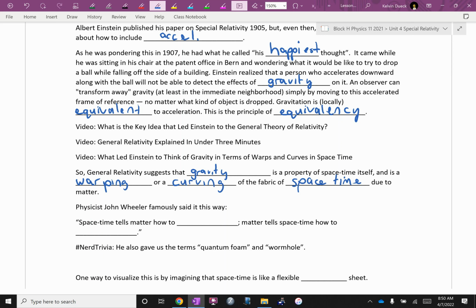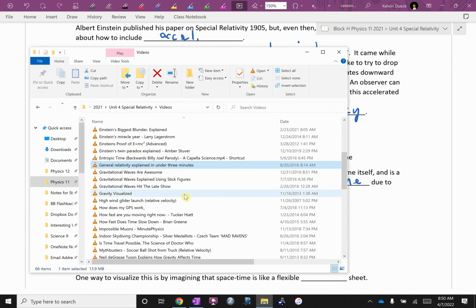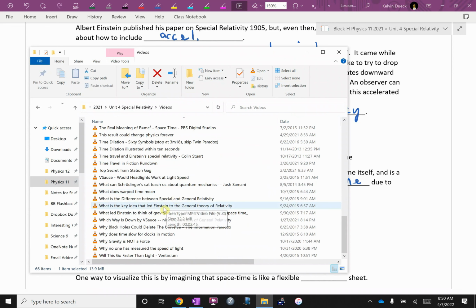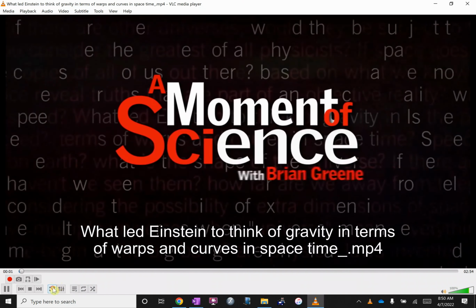If you have an object with a lot of matter, a planet, it warps space-time in such a way that objects that are traveling in a straight path will curve towards that object. Now, I need to show you how that works. This is what led Einstein to think about gravity as curvature. This is a lovely thought experiment.